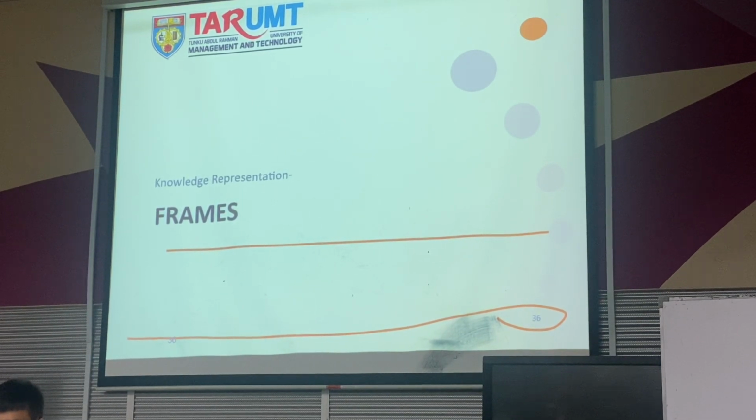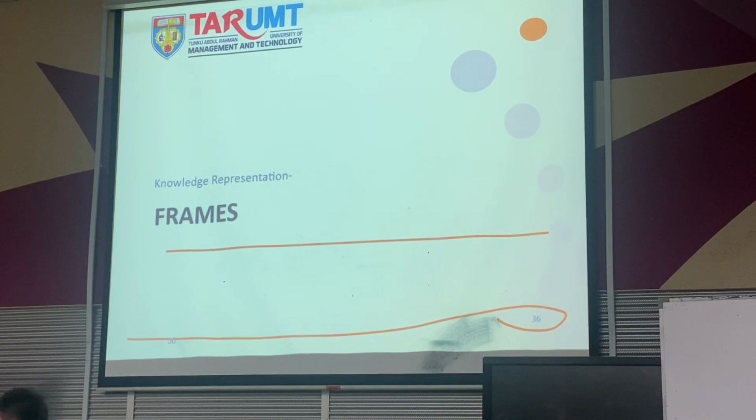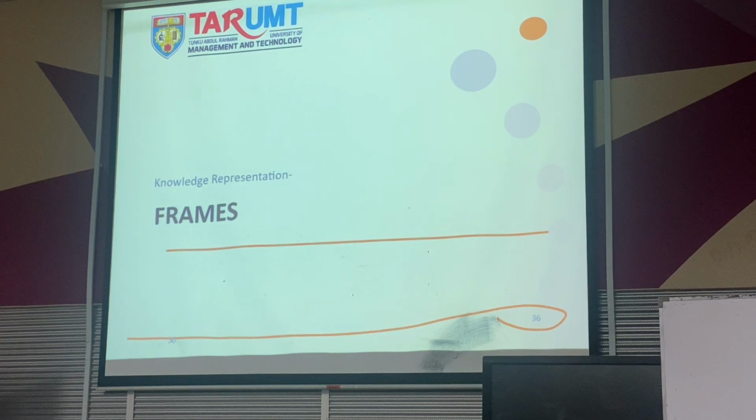I didn't learn it, so I don't know how it looks, but I know it's about the same. You have a class here. The purpose of frames is mainly to represent the properties or attributes of one concept, of one object.